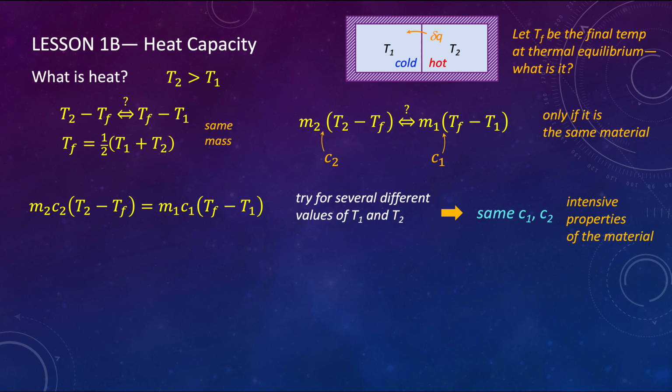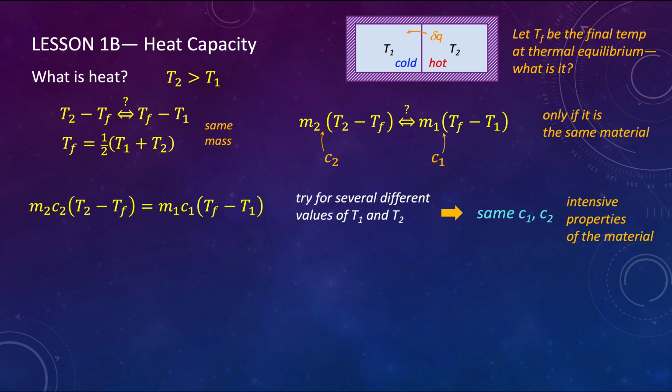And in fact, we can attribute C1 and C2 to intensive properties of that material. In other words, they are specific to that material. And if we were to construct this experiment using different combinations of materials, not just two, but a whole bunch of different materials, and ran this experiment with different temperatures and different masses of all these materials, we would always get the same values of C, little c, for a given material every time.